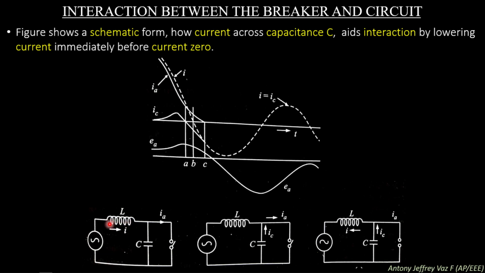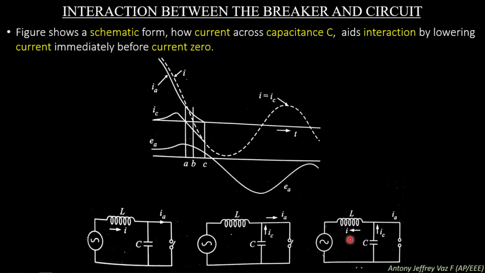So the total current I will be equal to IL, equal to IA. In the second figure you can see the charging current, which is the capacitive current, coming out from the capacitance and getting added to IA. So the total current I will be equal to IC plus IA.